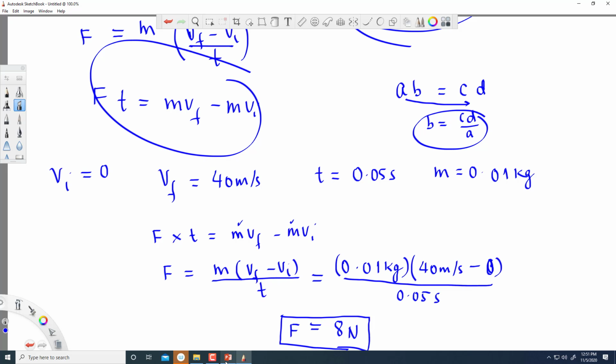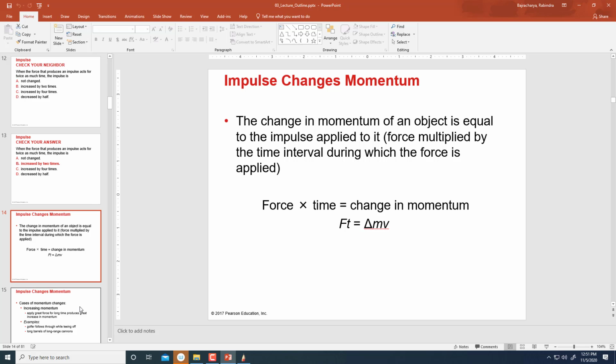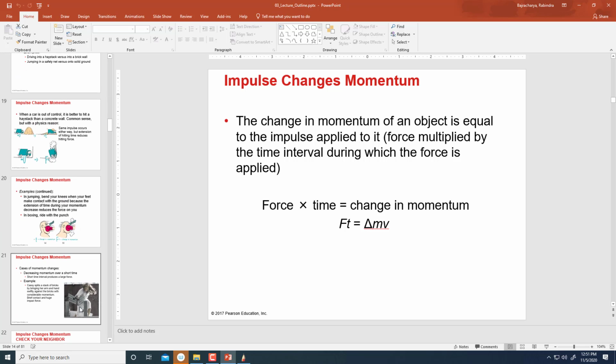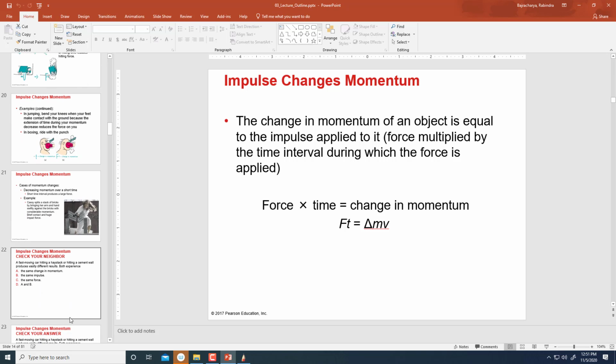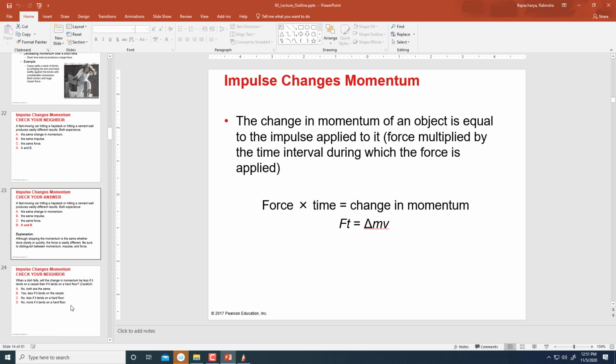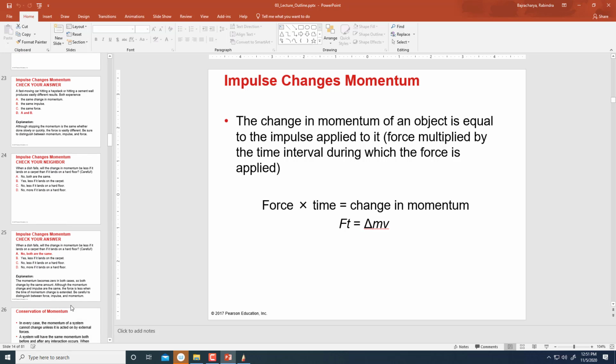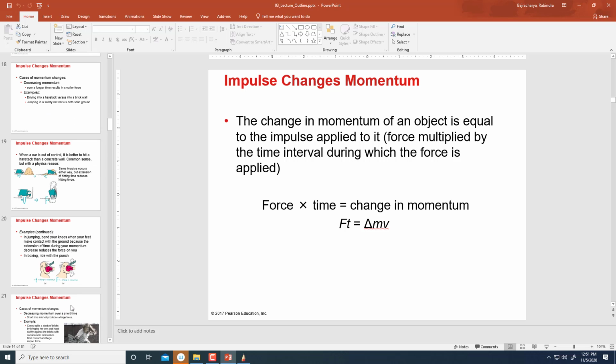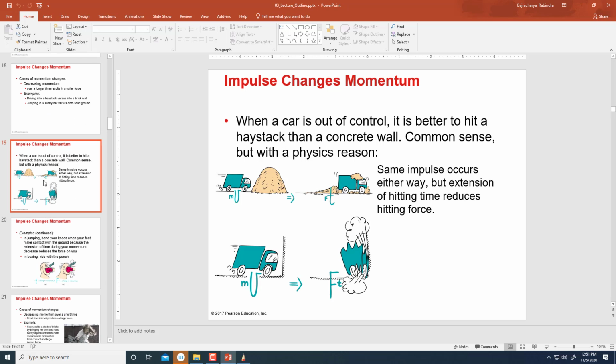And then the next thing is we talked about lots of conceptual things. If you guys have any question on the conceptual things, I can answer that. So we talked about particularly this one.